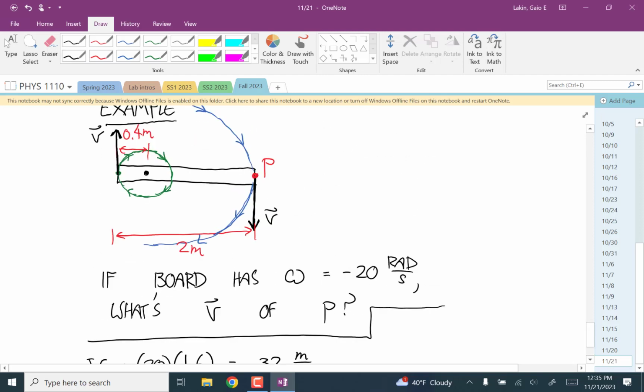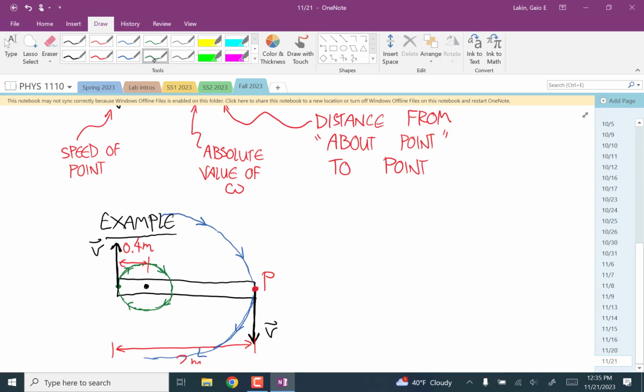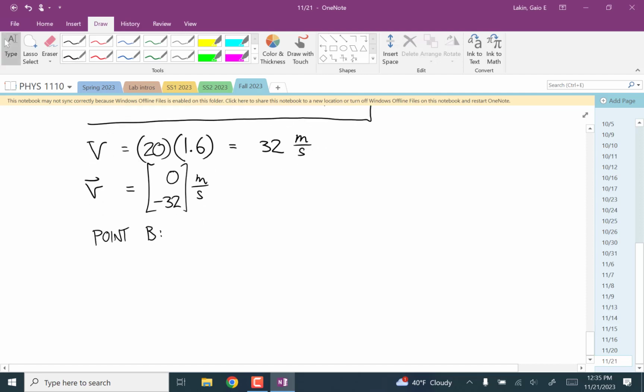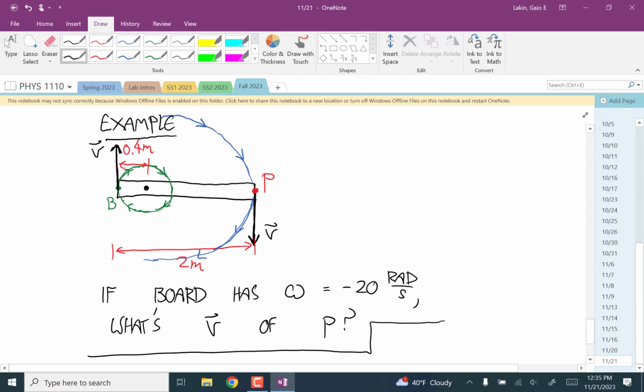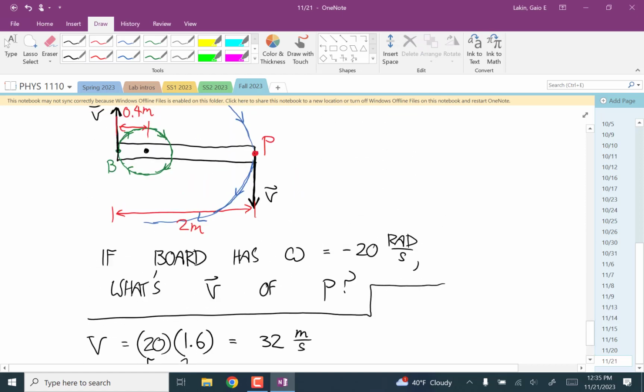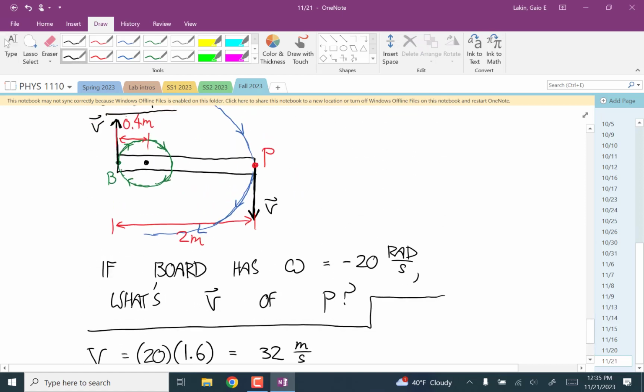So now for this point, let's give this a name too. Let's call this the point B. So what's the velocity vector of the point B? We know the direction now. We figured that out just visually. The speed of that point is the absolute value of the angular velocity, so 20 again, times the distance from the about point to the point we care about.